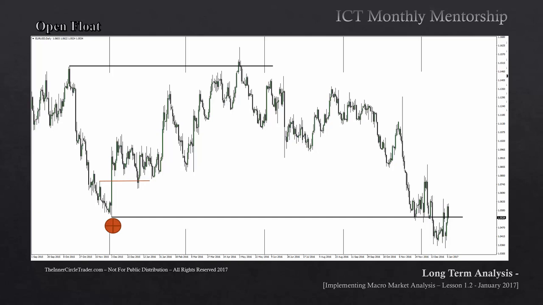So it's a pretty significant move for the euro dollar. There's going to be sell side liquidity or sell stops in the form of a liquidity pool below that low. You see price did in fact sweep down there and grab that liquidity, neutralizing all the sell stops.